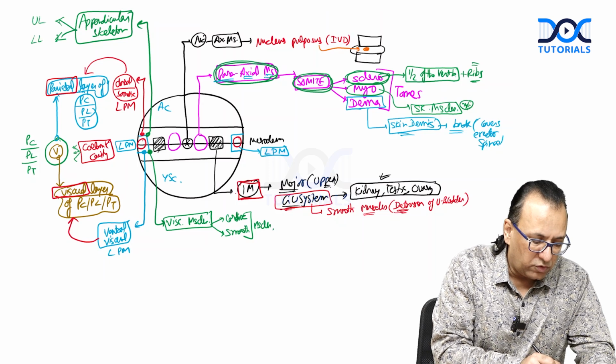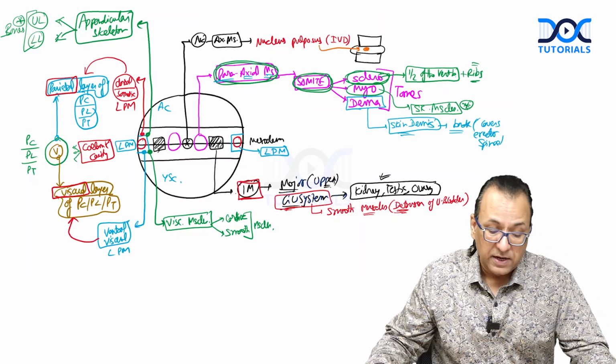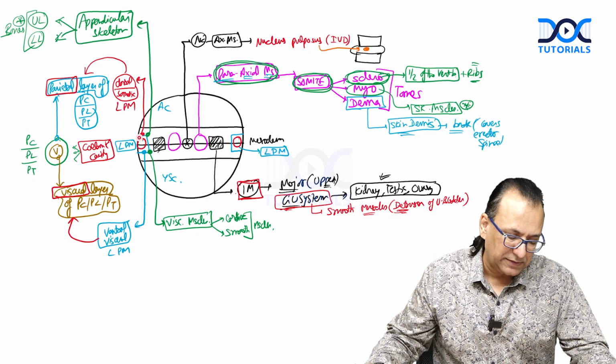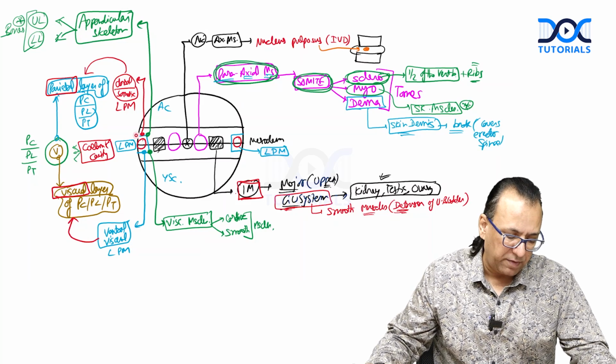That could be the humerus bone or the femur bone. All these bones are the appendicular skeleton, and this appendicular skeleton is coming from dorsal somatic lateral plate mesoderm.